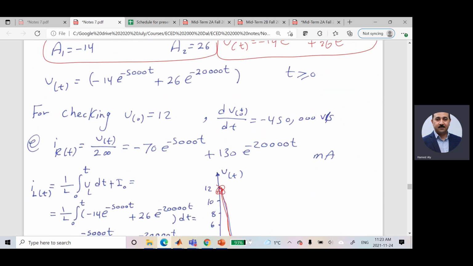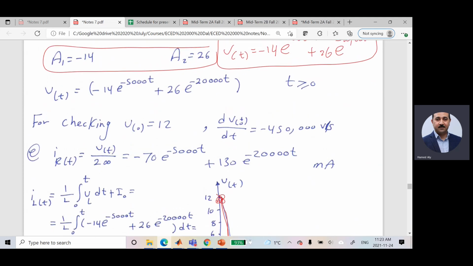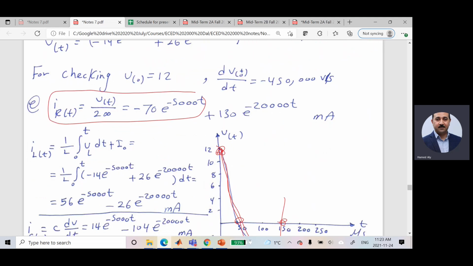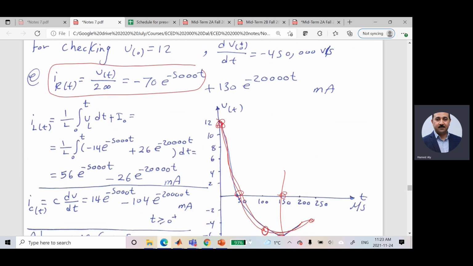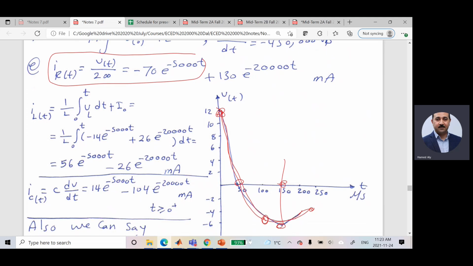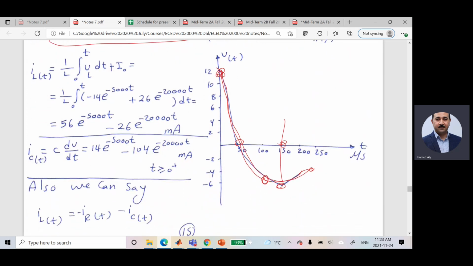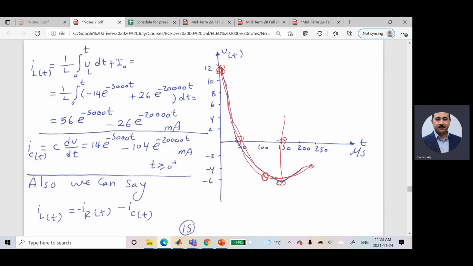This is what I did here. I found IR, which is equal to V divided by 200. And I found IL by saying 1 over L integral of V dt, and I found IC and I checked.